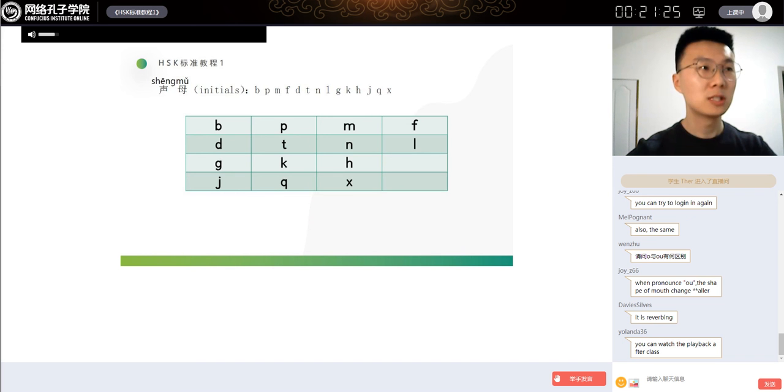Now let's go to 声母, initials. Today we will learn 14 声母, 14 initials. First, please listen to me. In order to make each pronunciation easier to recognize, I will add a vowel after each initial. Listen to me.